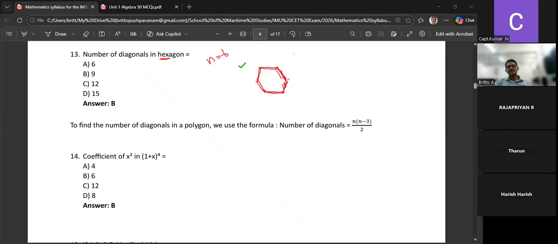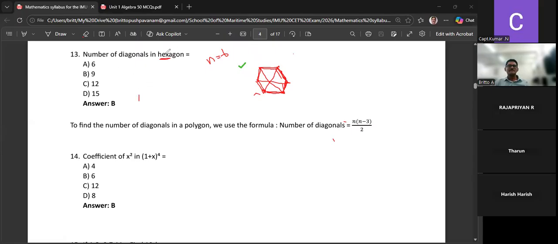In this hexagon, what are the diagonals? Diagonal 1, diagonal 2, diagonal 3. But it is visible only 3 diagonals. But if you see in 3 dimensions, there are many more diagonals. This you can draw in 2 dimensions, 3 dimensions we cannot see. So in 3 dimensions, you have to use the formula to find them.